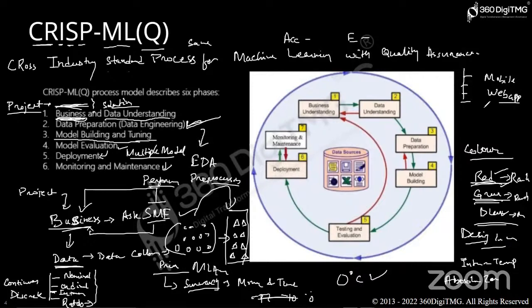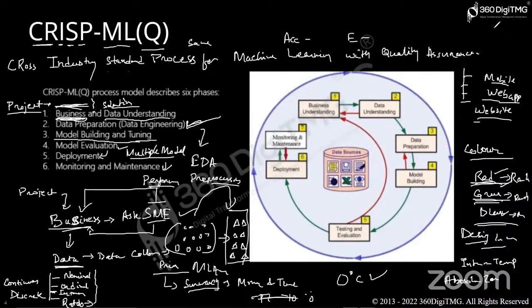Web app means an app published on a website. Mobile means we'll just make an app which can be downloaded from the Android store and used. So deployment here will be on a website or a mobile app.